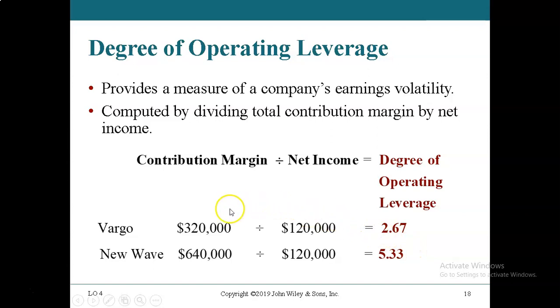Well, it means first, we said New Wave has more fixed cost, so it has more operating leverage. So what that means is that we can figure out operating leverage as a number. So DOL means degree of operating leverage. It just means put operating leverage as a number. So you take contribution margin divided by net income, right?